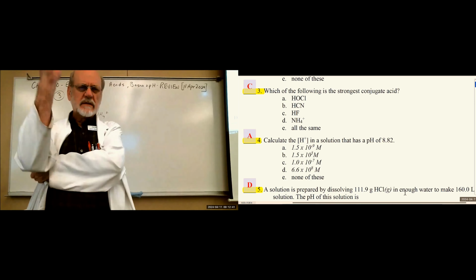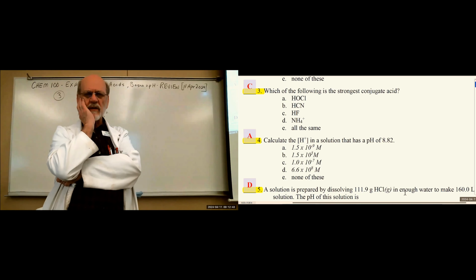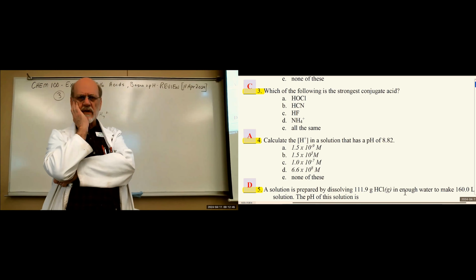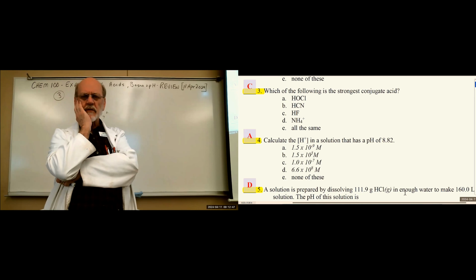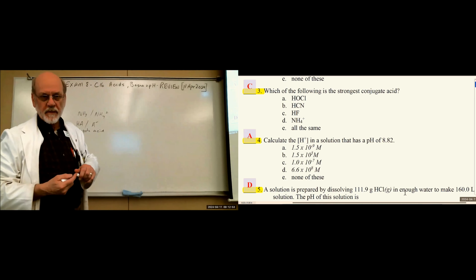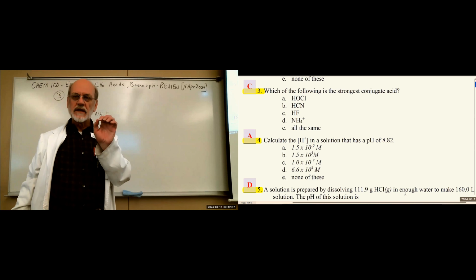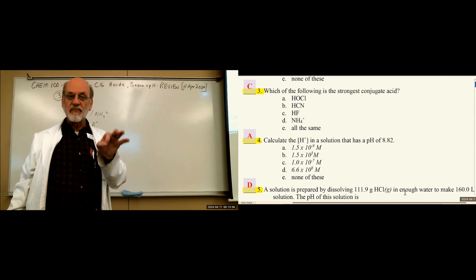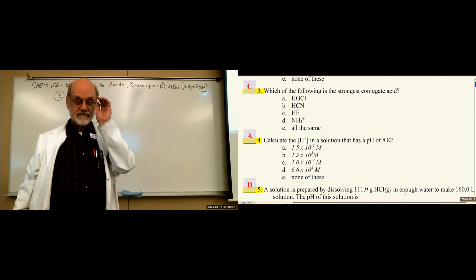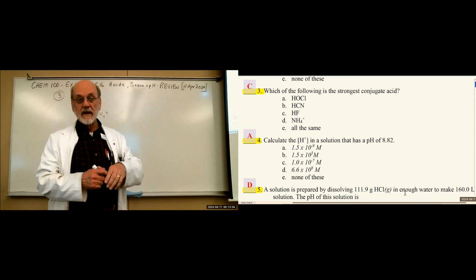Hold on a second. Okay, I was reading more into this problem than I should have. If we're looking for the strongest conjugate acid, what you want is the weakest base, right?